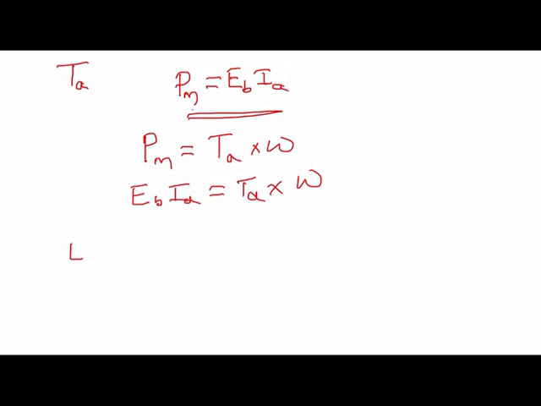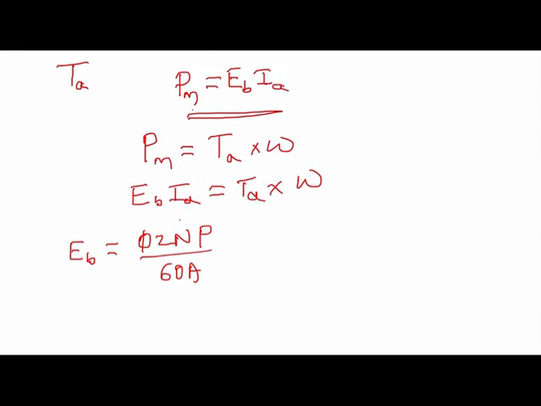We already know the equation for back EMF in terms of the speed, the number of poles, flux per pole, and the number of conductors. It is phi ZNP by 60A, where phi is the flux per pole, Z is the total number of conductors, N is the speed of the rotor, P is the number of poles, and A is the number of parallel paths. For wave winding, the number of parallel paths is equal to 2, and for lap winding, it is equal to P.